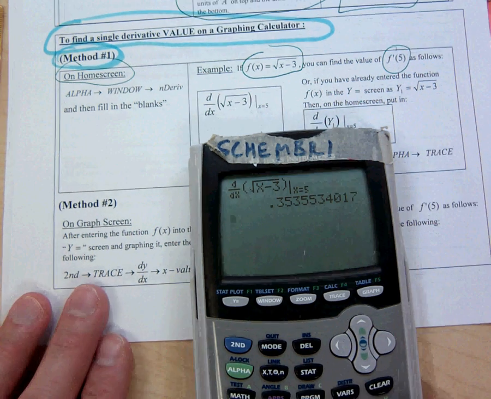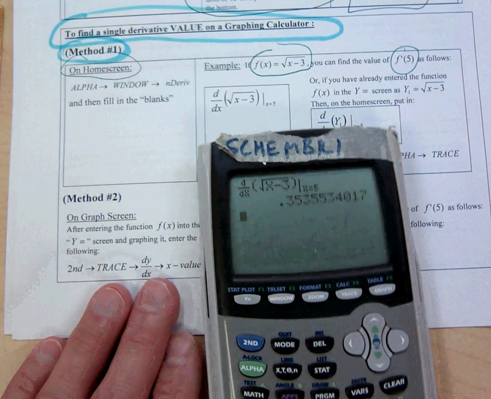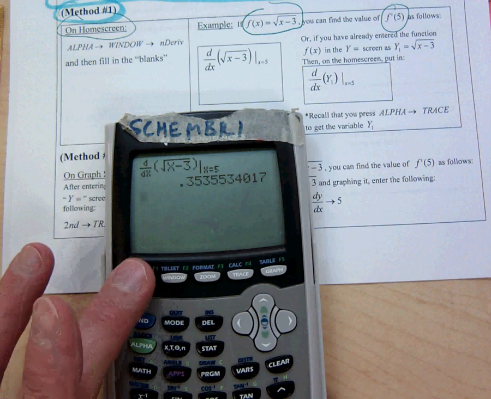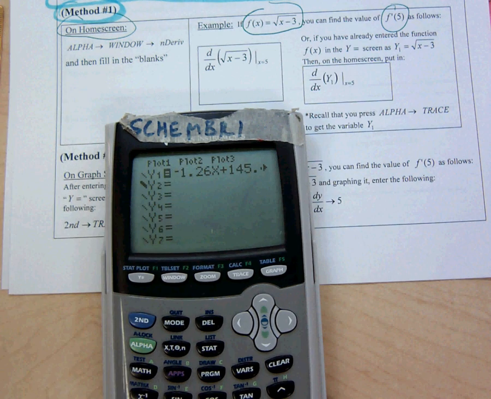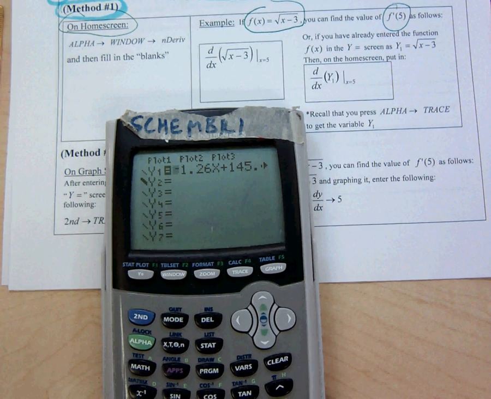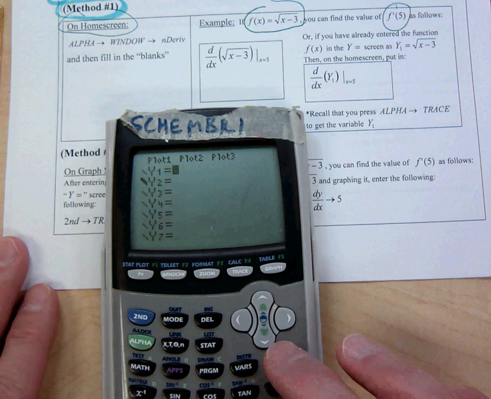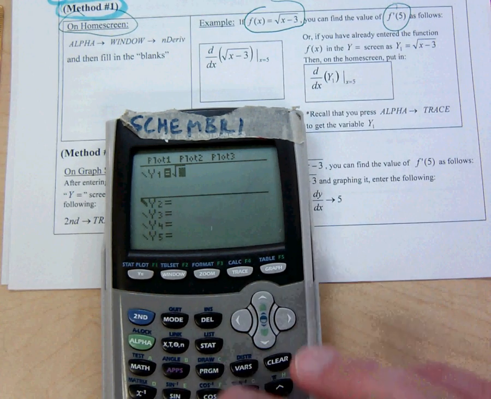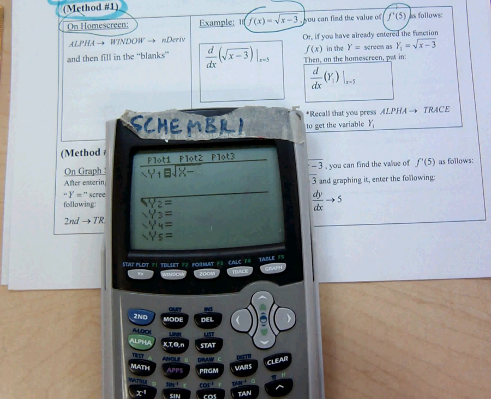Here's another way you could do it. I'm not on method 2 yet, I'm still on method 1, guys, so please wait. Suppose you were graphing it first for some reason, which you will be doing quite often on the free response, and then you're going to be doing multiple things with that function.